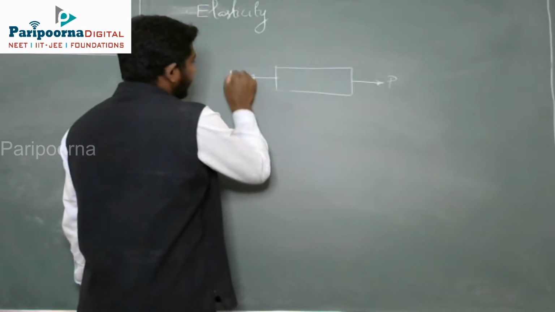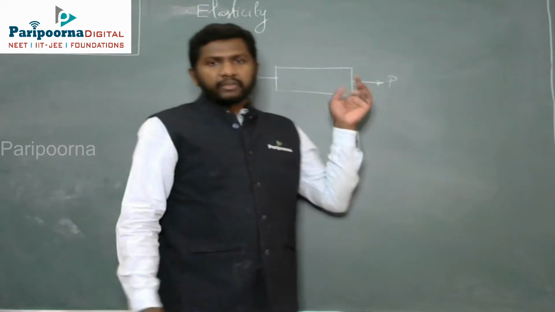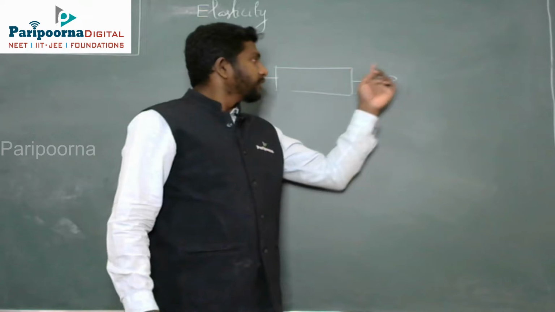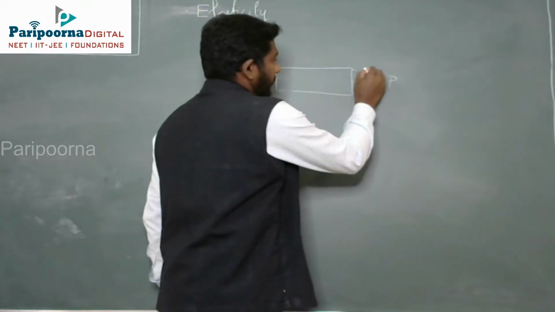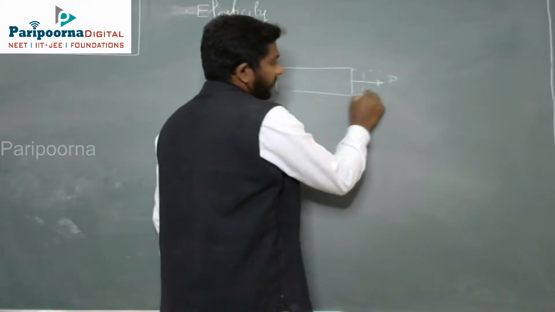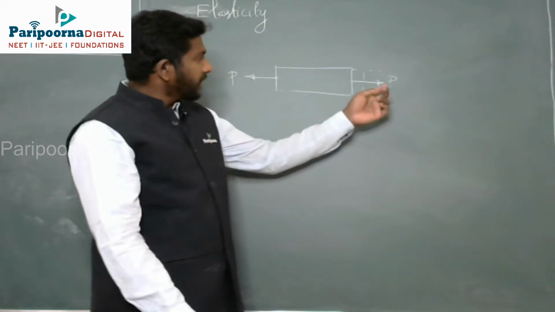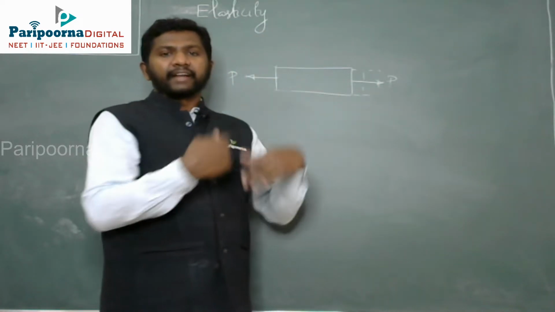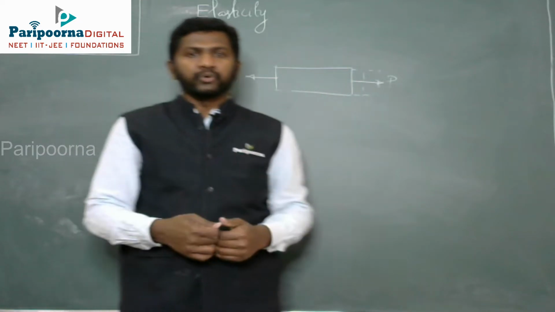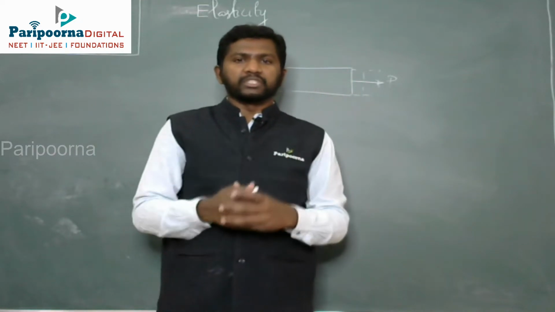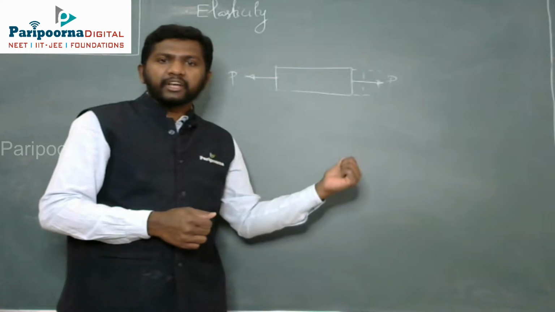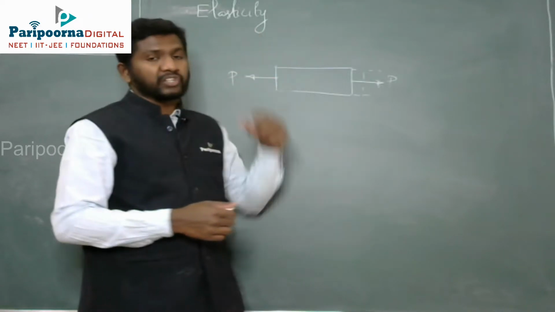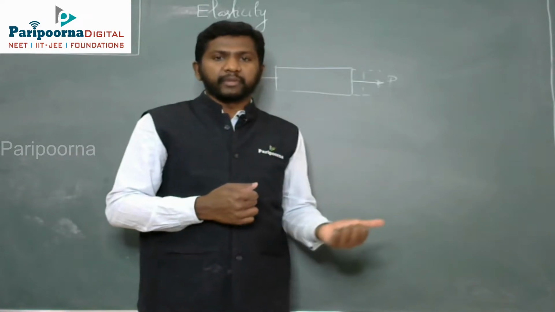This is an example of tensile loading. If the load is increasing, the deformation will increase. It will deform like this. Immediately, if the load is removed, the deformation will vanish. The material will bounce back to its original shape and original dimension. That capability of the material is called the elasticity property of the material.